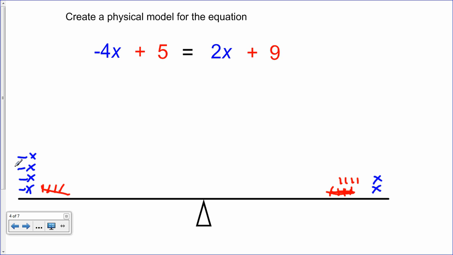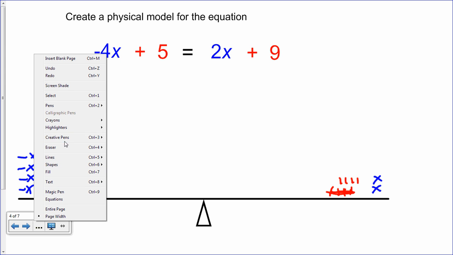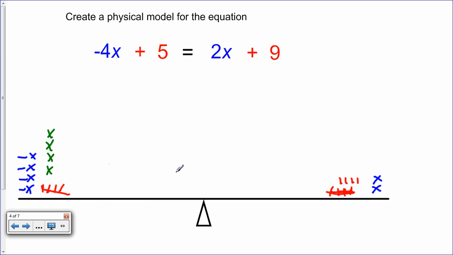These four negative x's, I can eliminate those four negative x's with four positive x's. Now, I've changed the weight on the left side of the equation, haven't I?